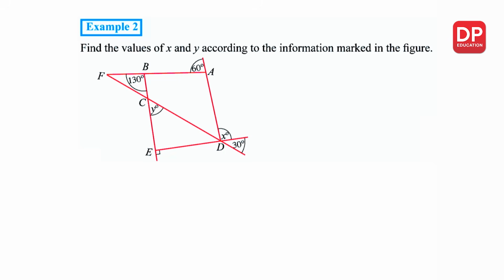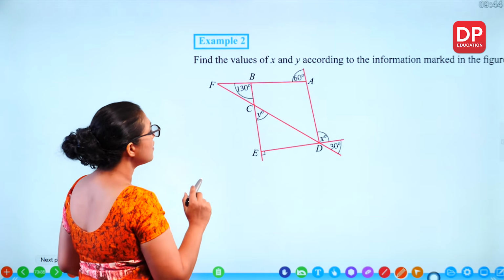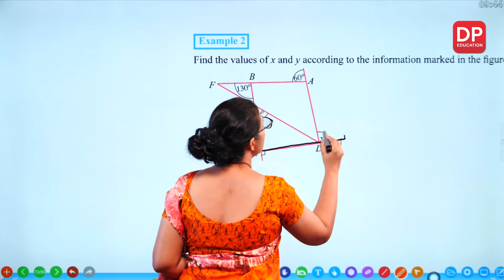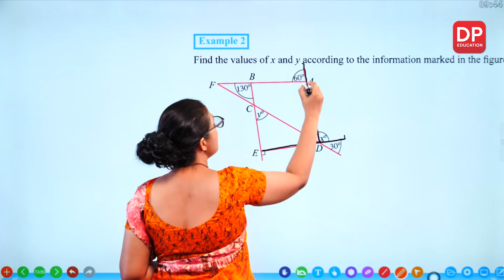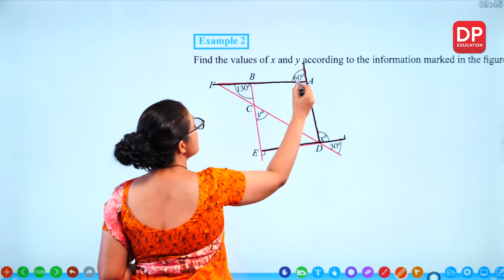Example number 2. Find the values of x and y according to the information marked in the figure. So how can we find out x? Now look carefully. When you extend this line, you get this one. When you extend this line and this one, you get 60.